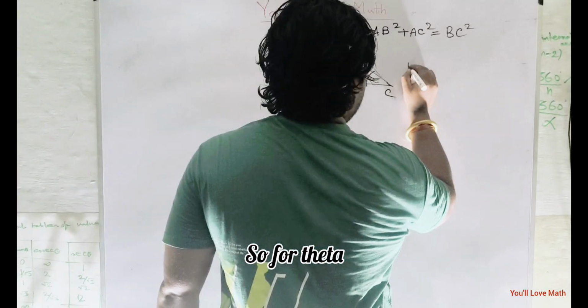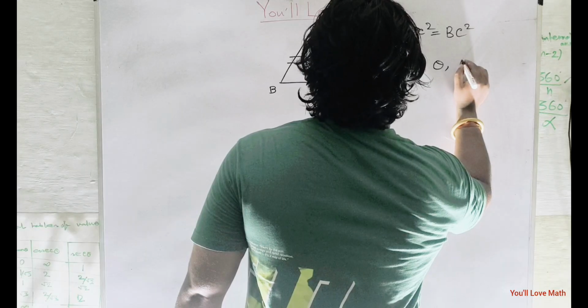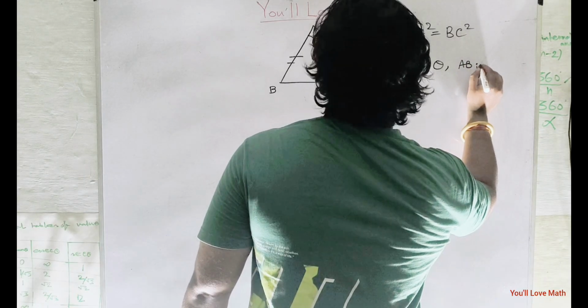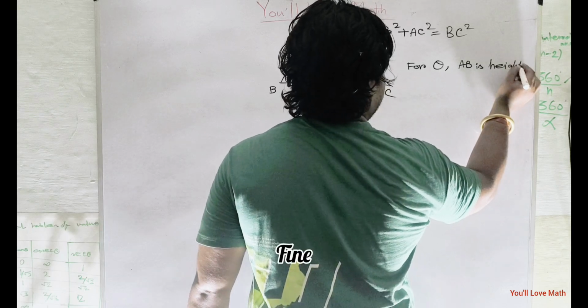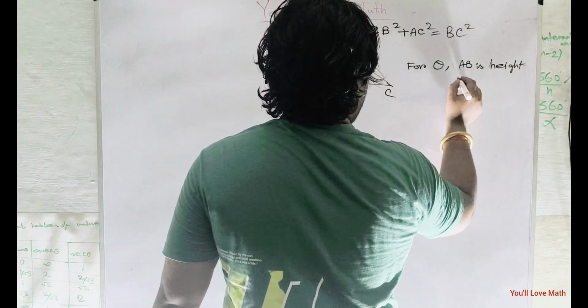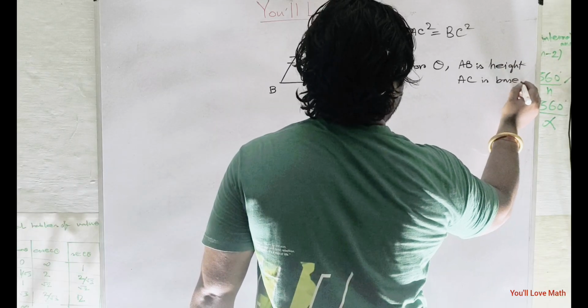So for theta, AB is height, fine, and AC is base, fine.